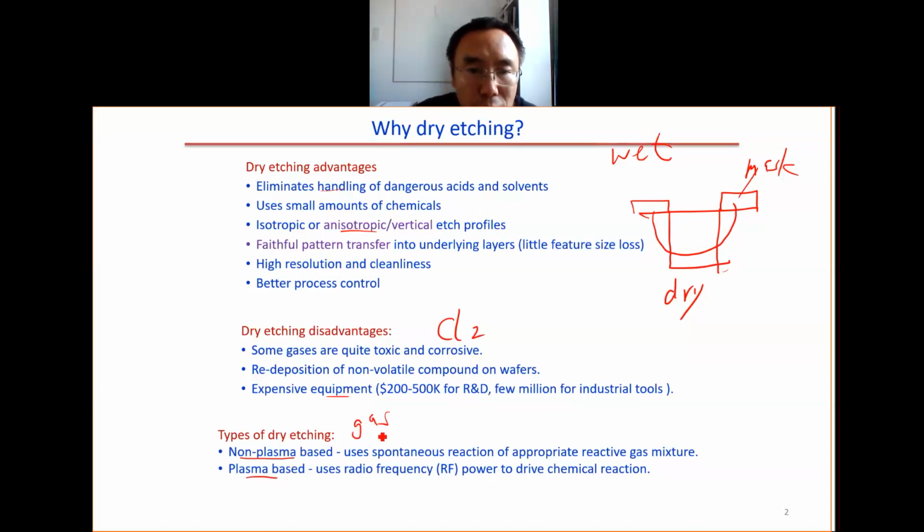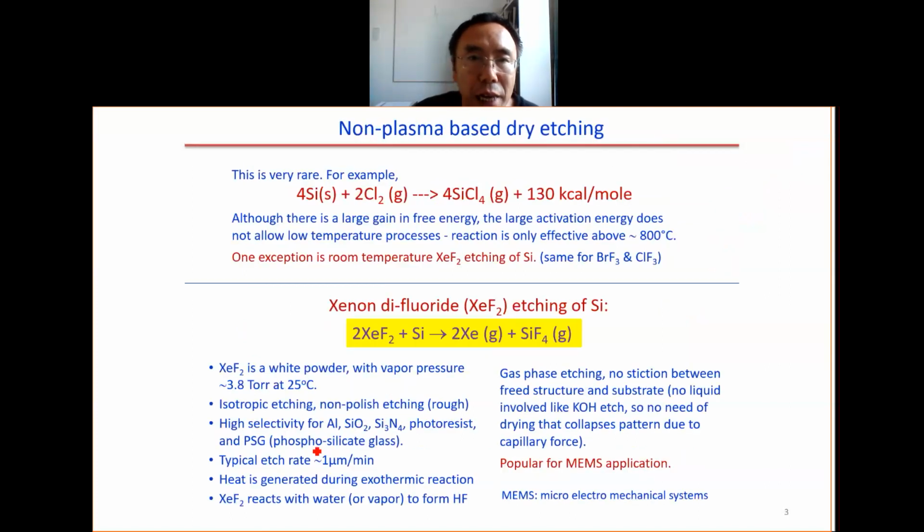First we look at the gas phase non-plasma based etching. For example, we can have this chemical reaction: silicon plus chlorine gas to form silicon tetrachloride. This one is volatile, but actually this will not happen at a low temperature because of the large activation energy. We need very high activation energy for this reaction to take place.